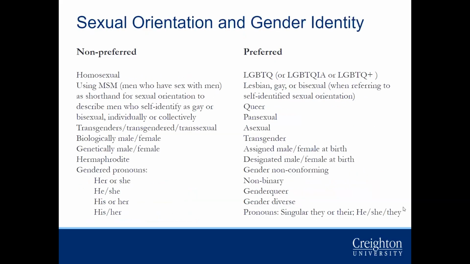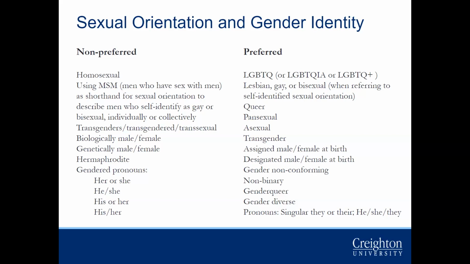For sexual orientation and gender identity, non-preferred terms include homosexual, using MSM as shorthand for a person's self-identified sexual orientation, transgenders, transgendered, or transsexual, biologically or genetically male or female, or hermaphrodite.